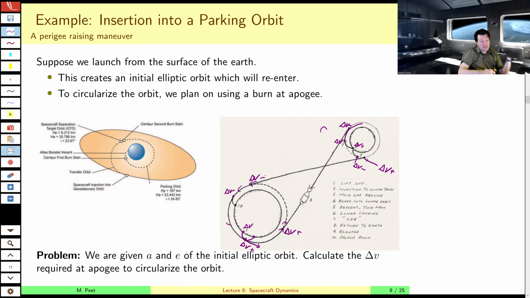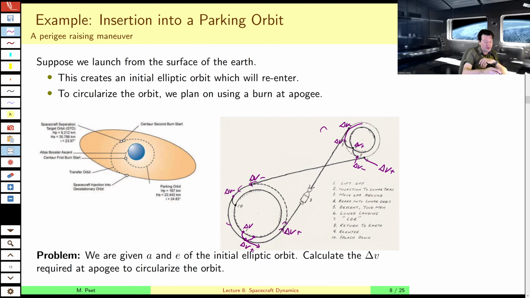You can think of these things as streets. There are several changes in direction we need to make in order to get from here to the moon and back, just like there are several turns I have to make to get to ASU campus and back. In this case, it looks like there's 10 of them, 10 delta V's, 10 turns that we have to make.